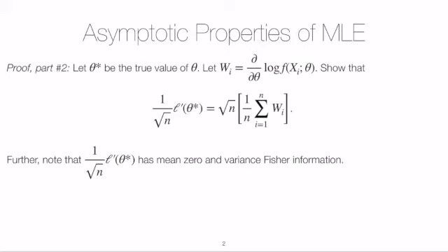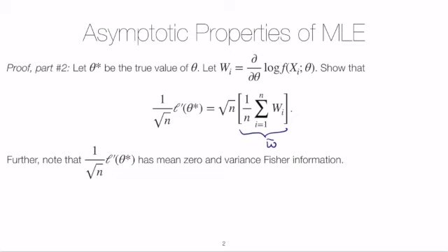And we might actually just call this whole term, its square brackets, W bar, because it's the average of these W's, where each W is the first derivative with respect to theta of the log of the marginal PMF or PDF of your data.